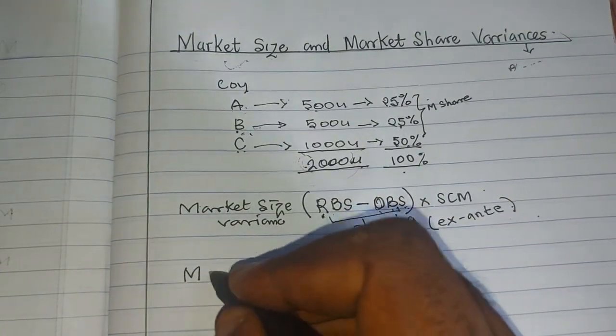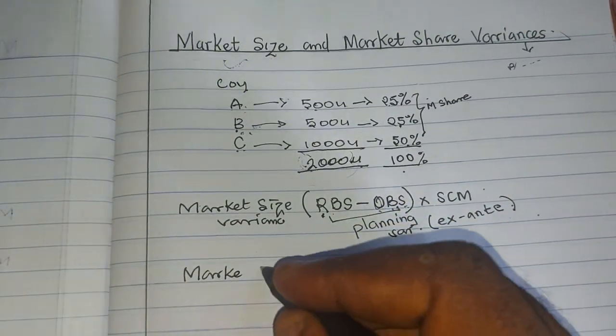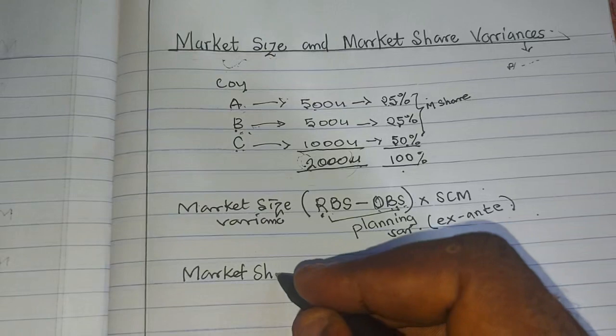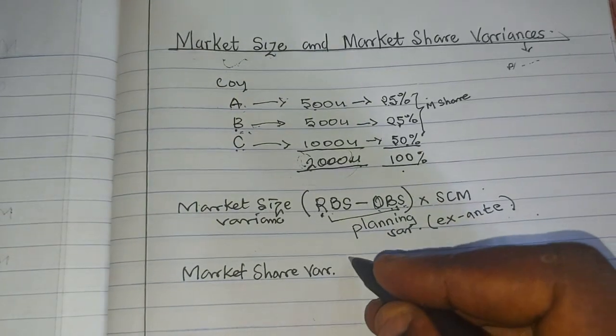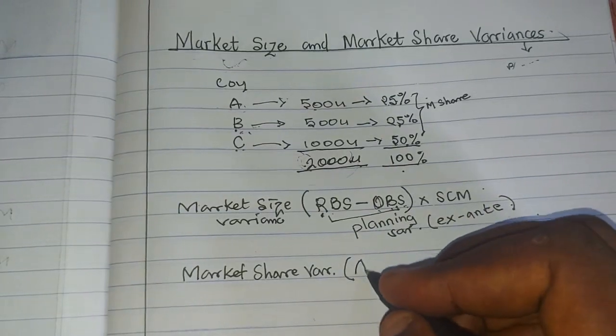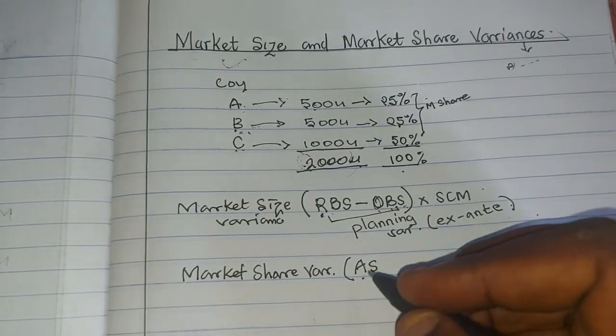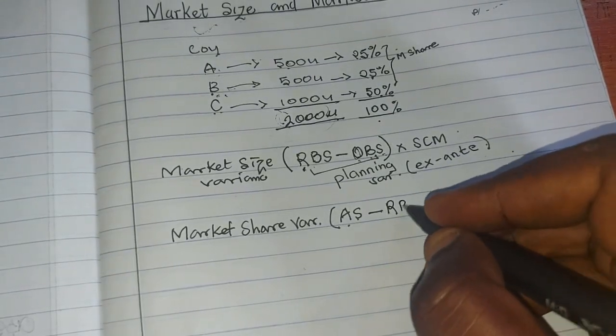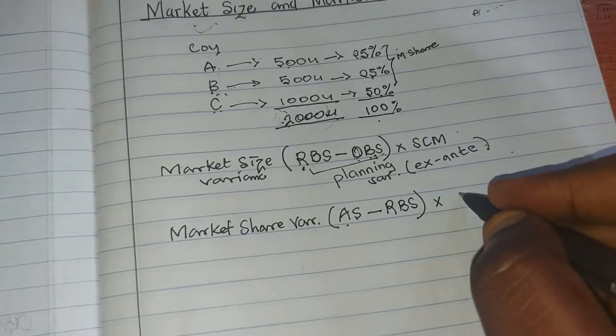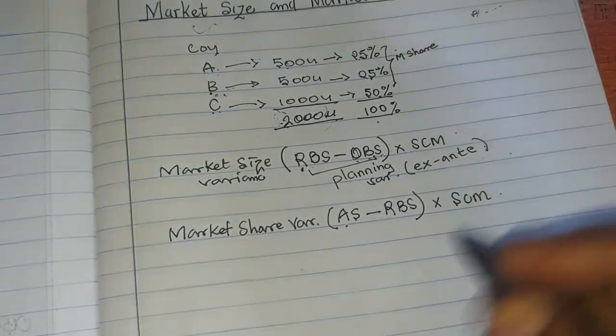Now, market share variance is nothing but the actual sales, that is the actual results, minus the revised budgeted sales, multiplied by standard contribution margin.